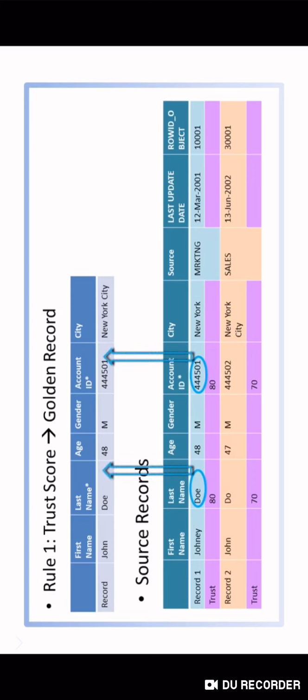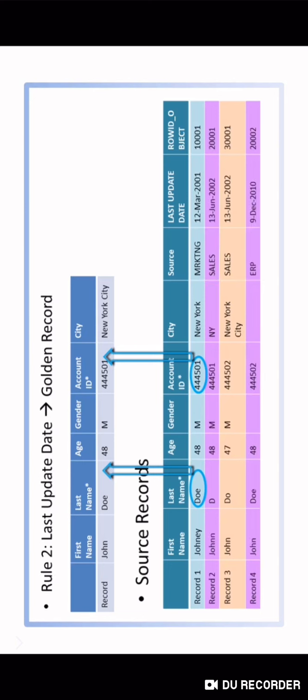Let's consider the second scenario, which is based on last update date survivorship. As we have seen in the earlier rule, the last name and account ID will survive from marketing because it has the highest trust. Now, to demonstrate the last update date scenario, we have to consider record 4, record 3, and record 2.